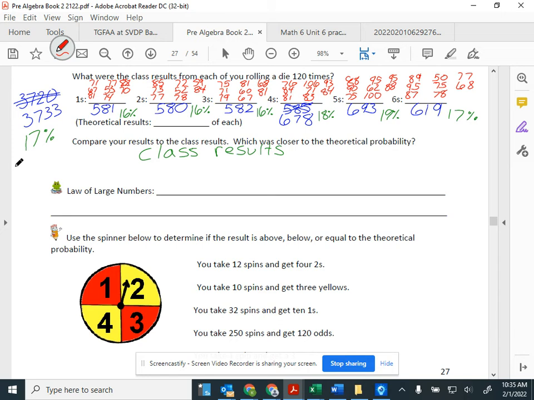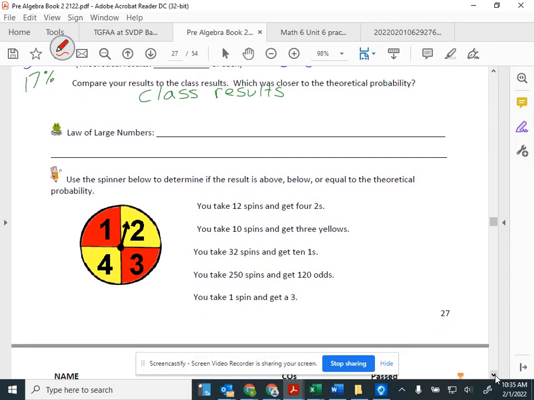The law of large numbers. Which numbers were larger, your individual or the class? The class is a lot larger.